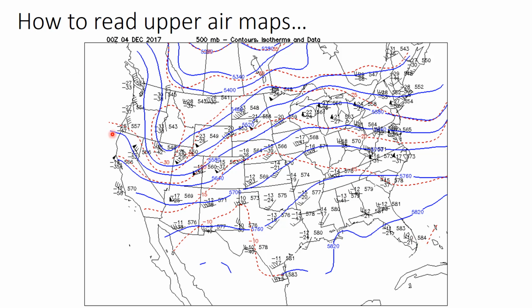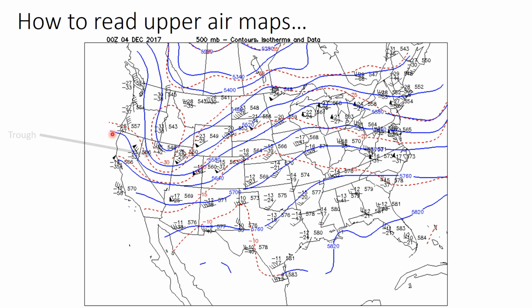Now here's the other thing that you need to know. These lines also give us a really good sense of a pattern called the jet stream, which we'll talk about in the next assignment. The jet stream has different components, called troughs and ridges.